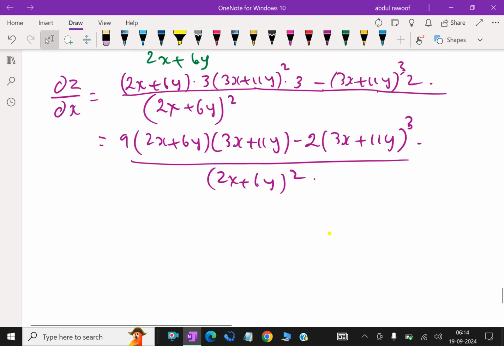This is for dou z by dou x. If you open this all, on the numerator we can simplify.